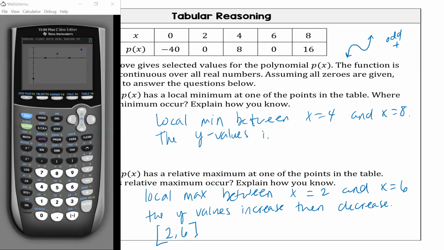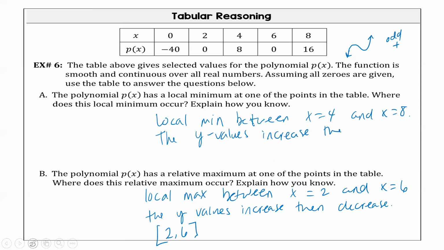The y values decrease, then increase, from 4 to 8. Now, this is like the shortest way of explaining why. As long as you understand that and see that, I'm good with it.